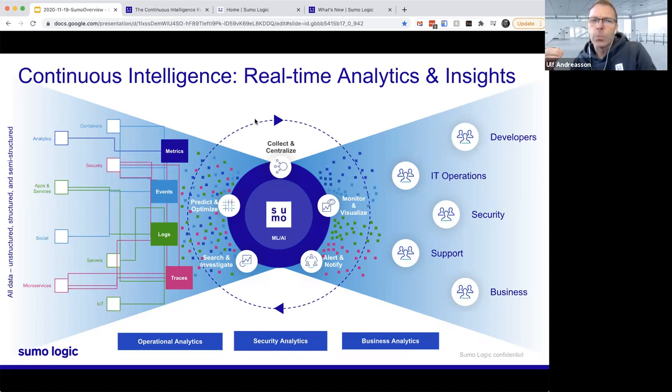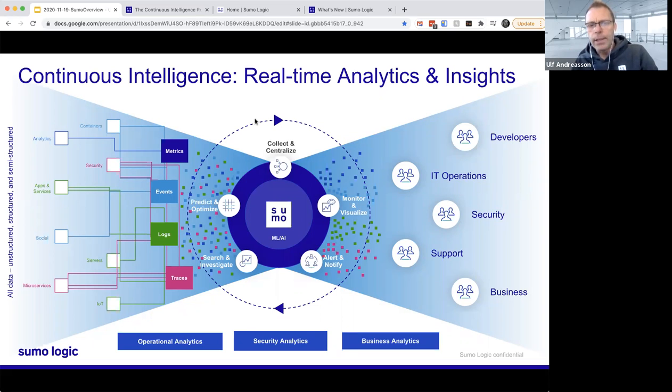This means that we collect, store, and also help you analyze any kind of machine data: metrics, logs, events, and also traces. The beauty of this is that the platform provides the capability to look at all that data and pivot between logs and traces, or metrics and logs, whichever way you want. And it's a fully self-service hosted platform.